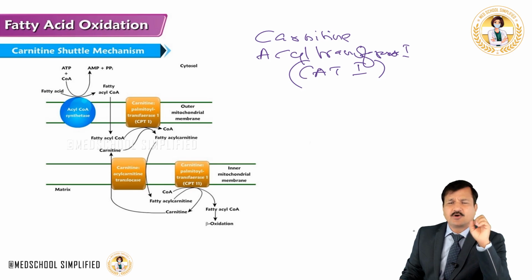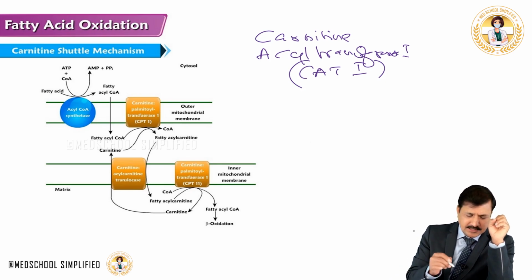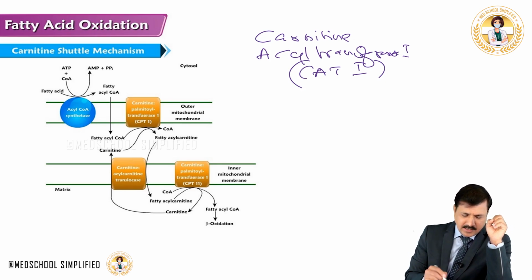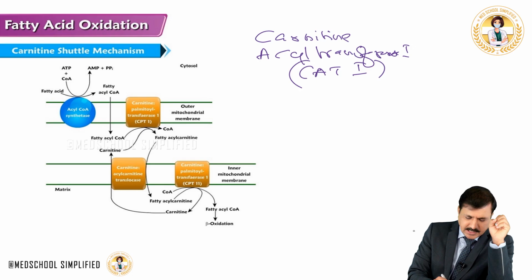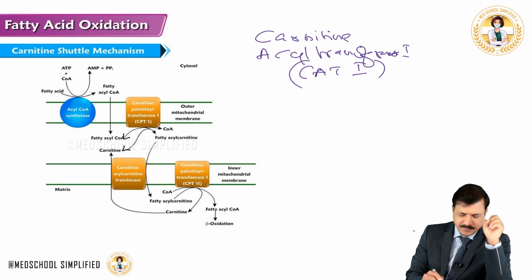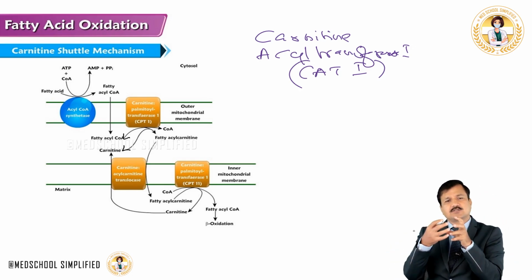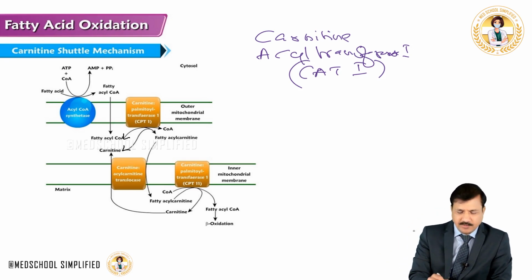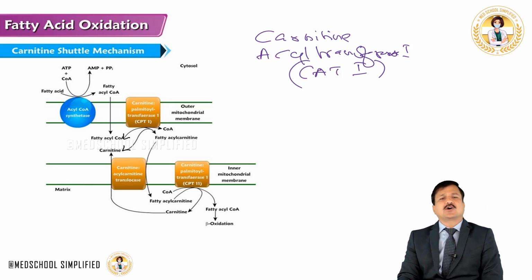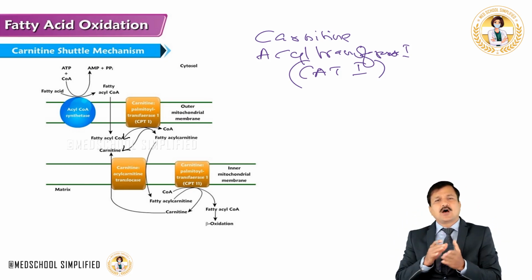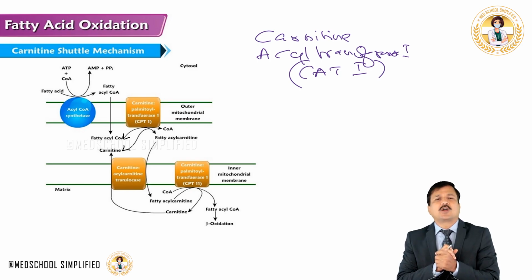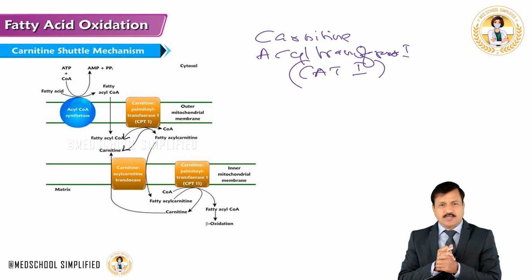Okay, so CPT1 is present over the outer mitochondrial membrane, and what this enzyme does is reversibly esterify carnitine to fatty acyl-CoA. It's a reversible reaction where the hydroxyl group of carnitine is attached to a fatty acid to make fatty acyl carnitine, and this fatty acyl carnitine now gets down into the matrix of mitochondria by an antiporter system called carnitine acyl carnitine translocase.